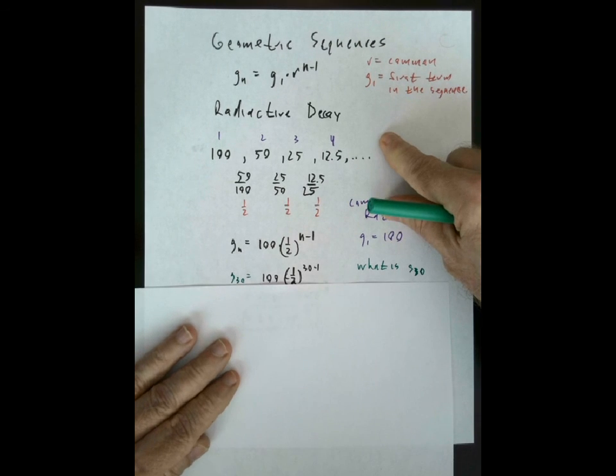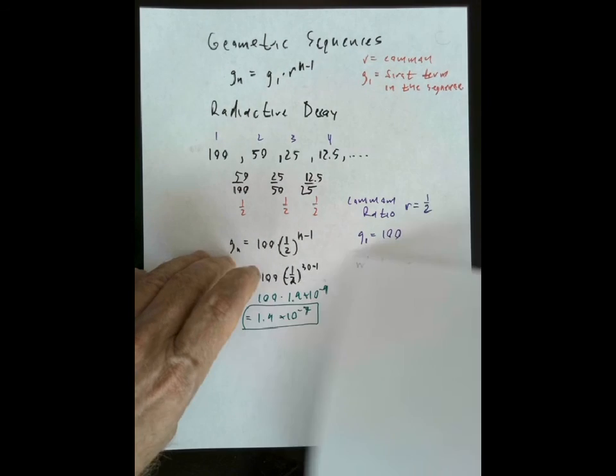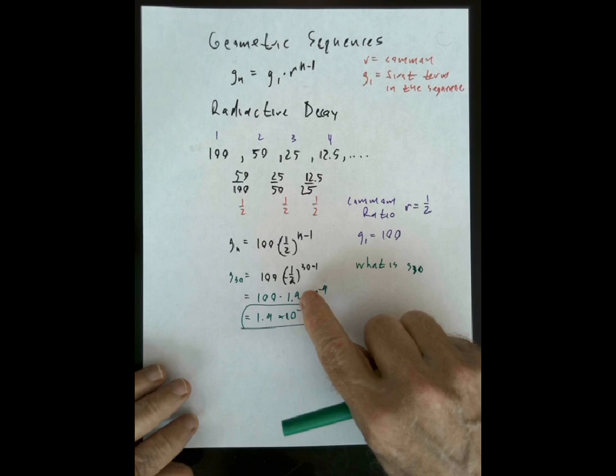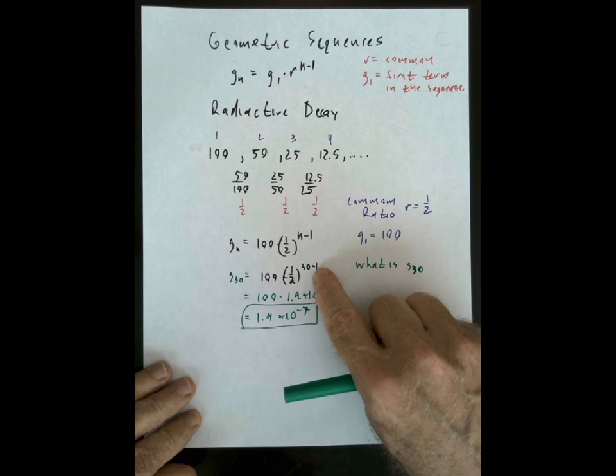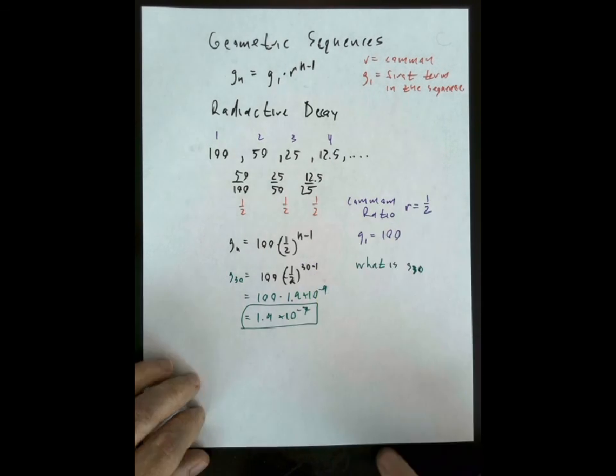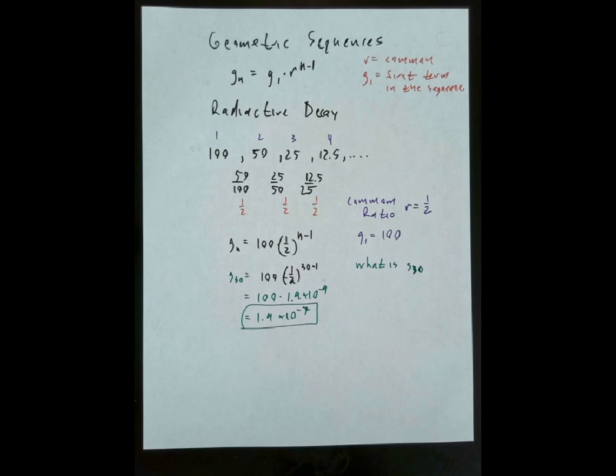Well, we just work it out on Mr. Calculator. 1/2, or 0.5 to the 29th power would be 1.9 times 10 to the negative 9, and then times 100 is equal to 1.9 times 10 to the negative 7, right? So that is the 30th term in the sequence.